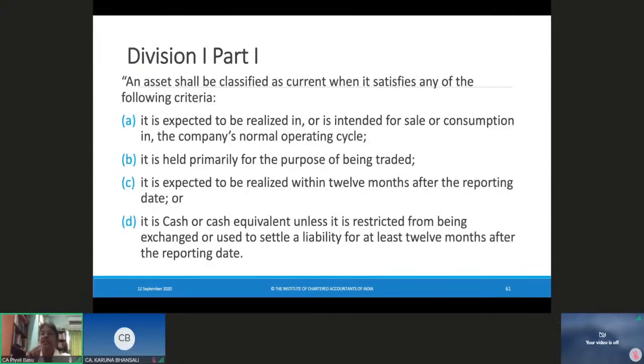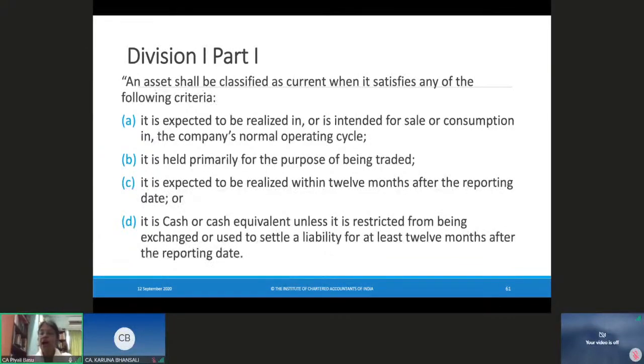Such cash equivalent is there, but there is a restriction imposed on it. Say, for example, margin money. Margin money is a cash hold being there with somebody, but it's your cash. The margin money is not considered as the cash of the company who is holding it as a margin, right? So margin money is actually your cash.